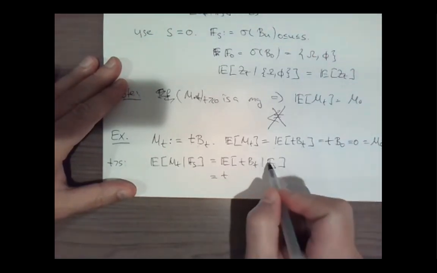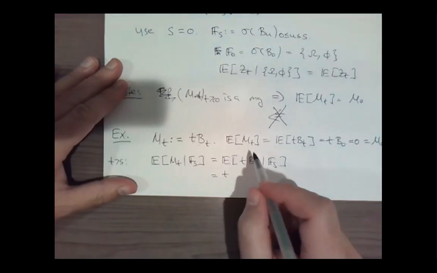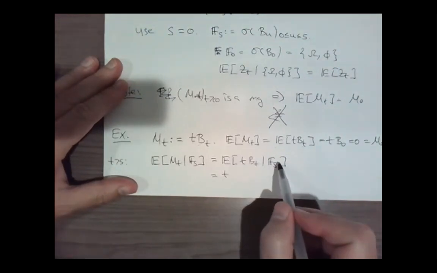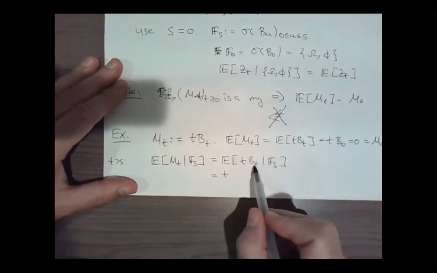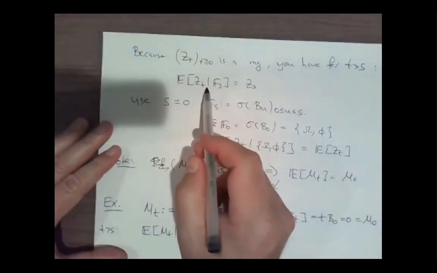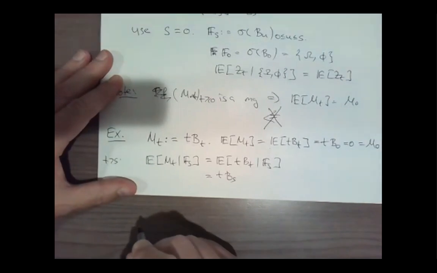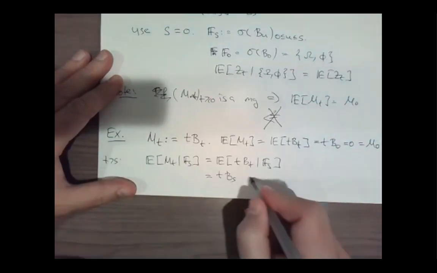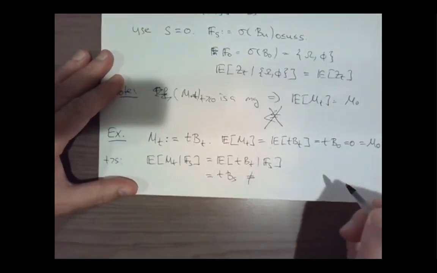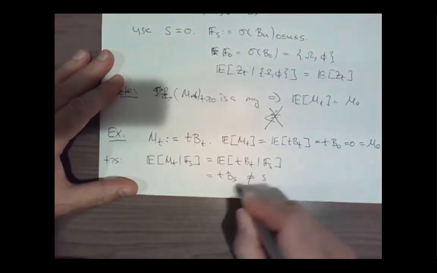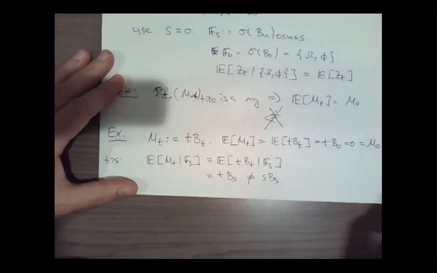Now B_t was a martingale, so the conditional expectation of B_t given F_s is B_s. But that's not the same as s times B_s.